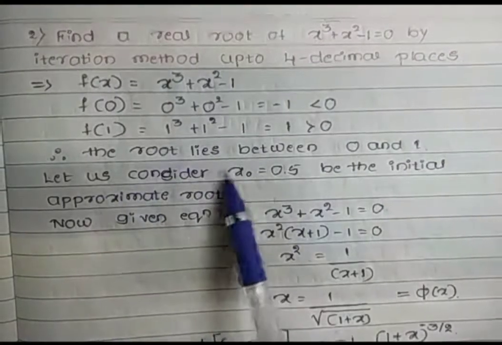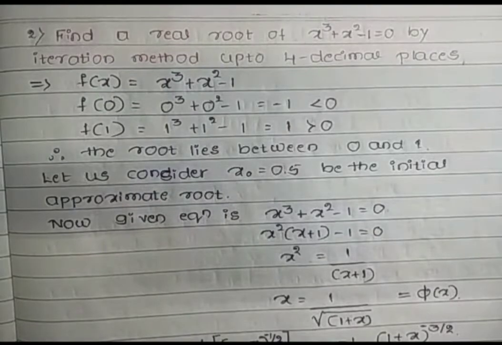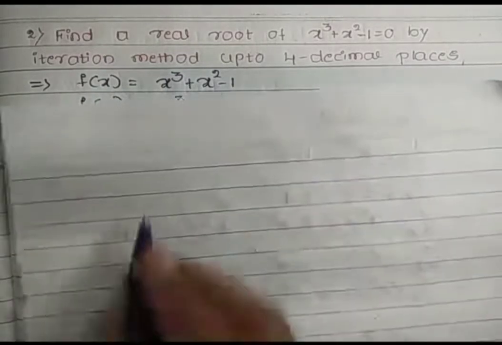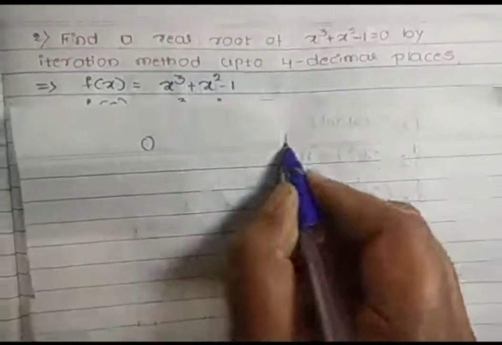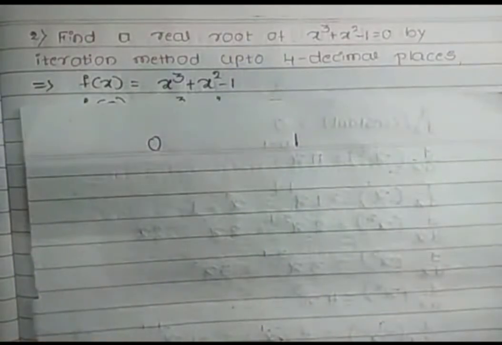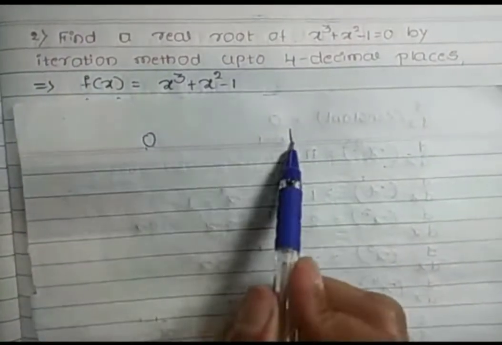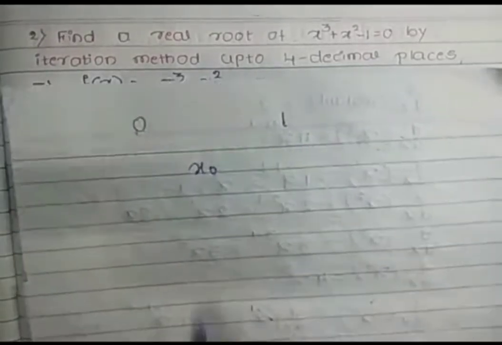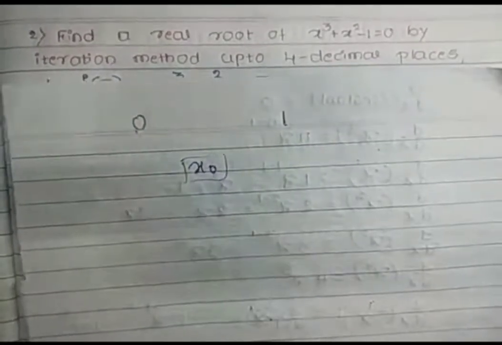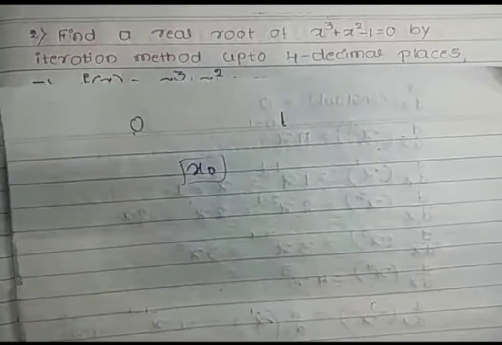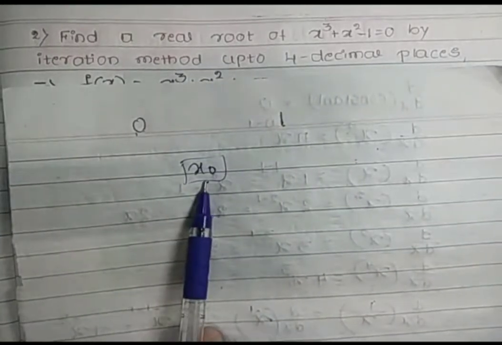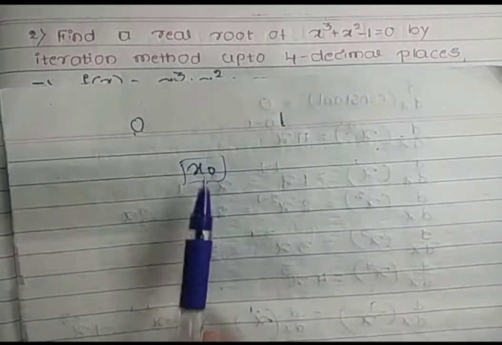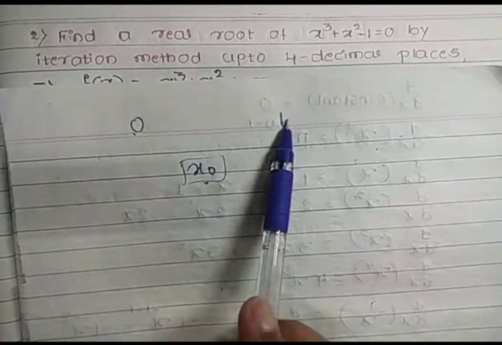Then how to consider this x naught? Now what have we got here? We have got that our root lies between 0 and 1. Then what value can we consider as x naught? You can consider any value as x naught which lies between 0 and 1.